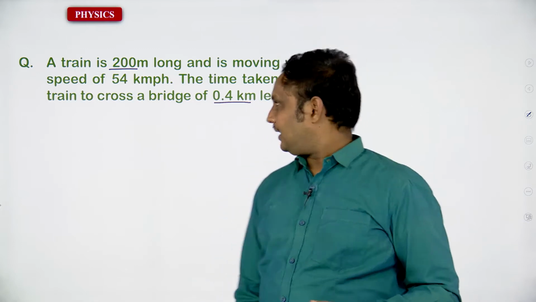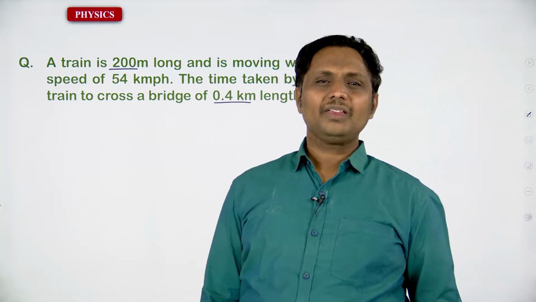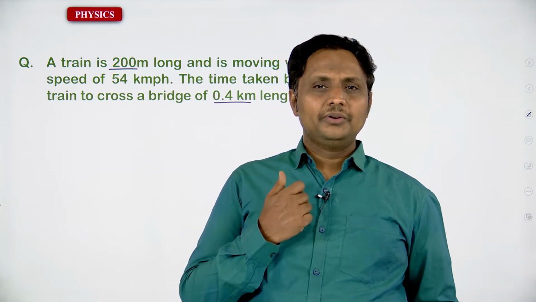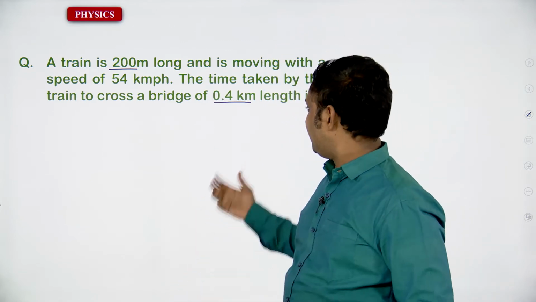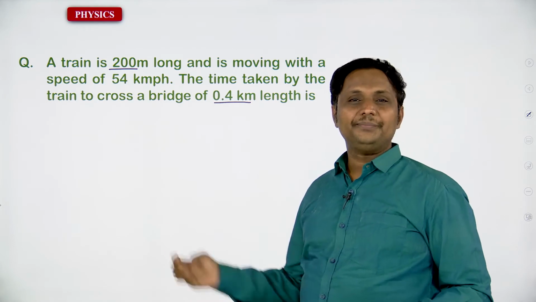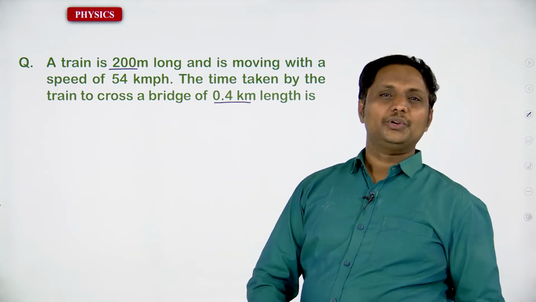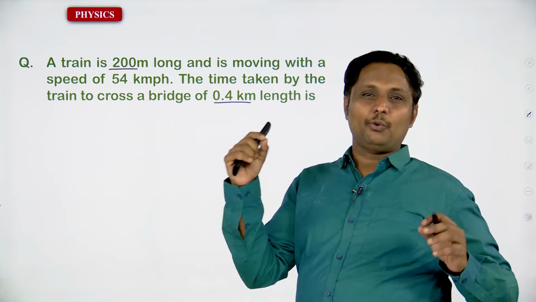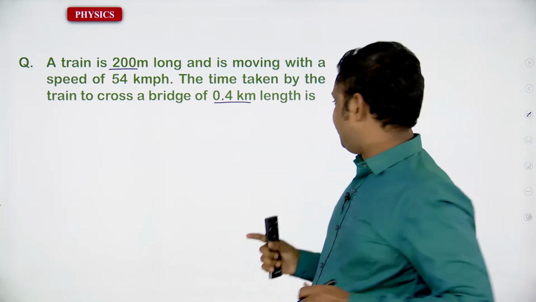In the given problem, we need to find from the given data how much time it took for the train to cross the bridge, which is 0.4 kilometers.